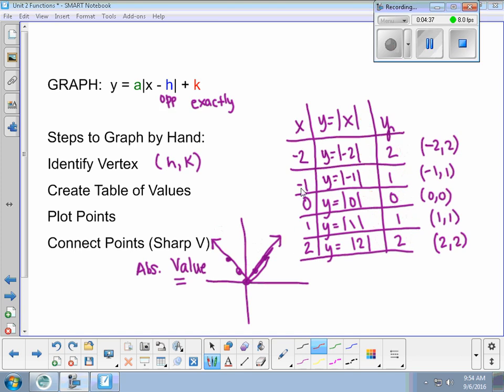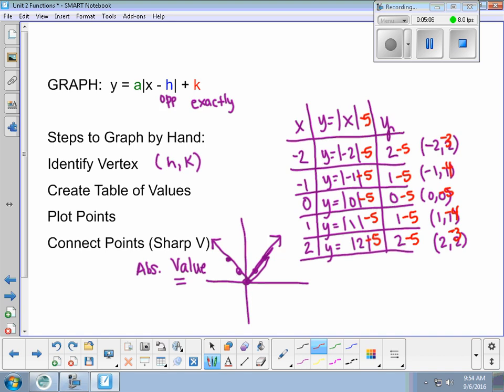Next, we're going to look at y equals the absolute value of x minus 5. And I subtract 5 after I take the absolute value. It's going to change my values again. So 2 minus 5 would give me -3. 1 minus 5 would give me -4. 0 minus 5 is -5. 1 minus 5 is -4, and 2 minus 5 is -3.